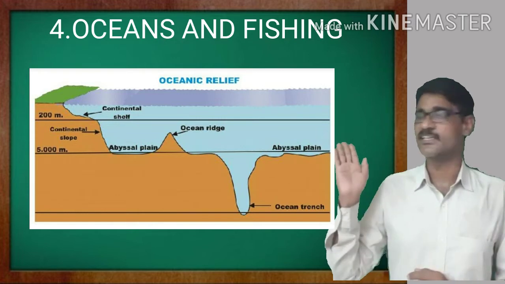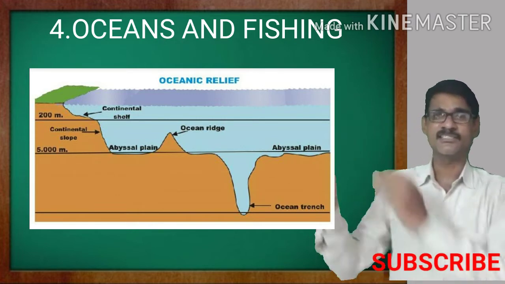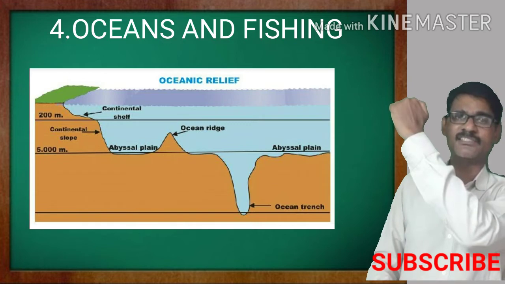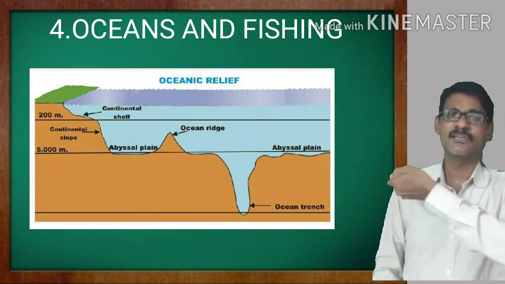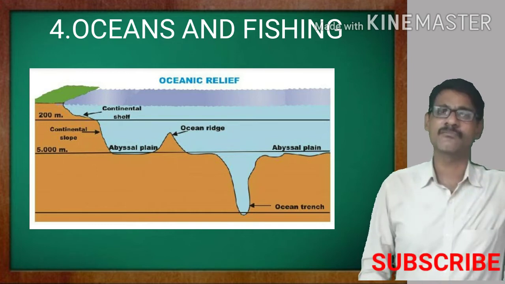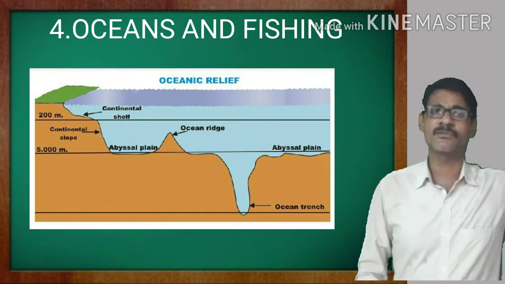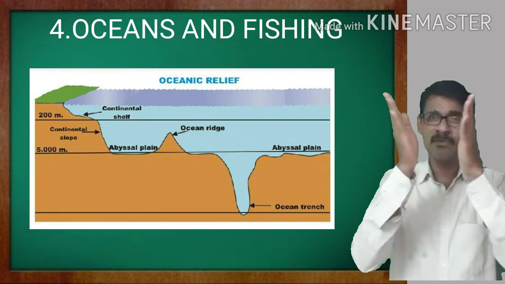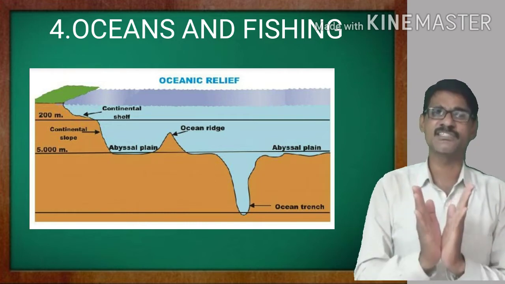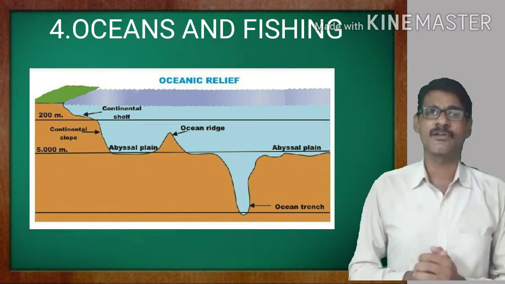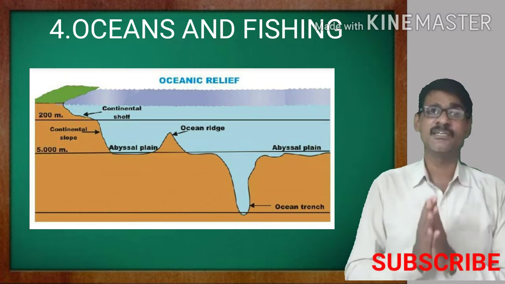Ocean relief is divided here. The continental shelf first, then the continental slope. Next, the ocean sea floor, the deep sea floor. And after that there are some trenches. Valleys in the oceans are called trenches, and they are very deep.